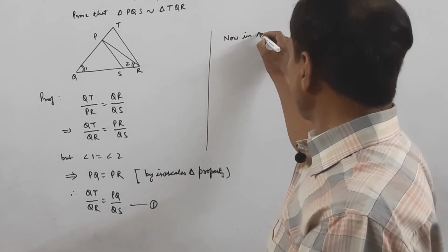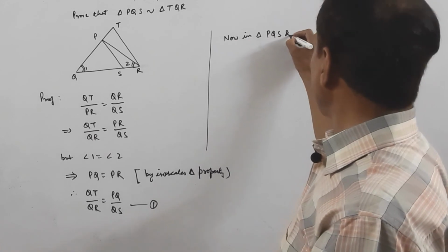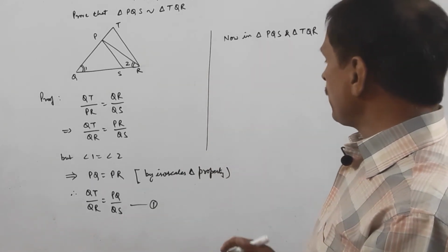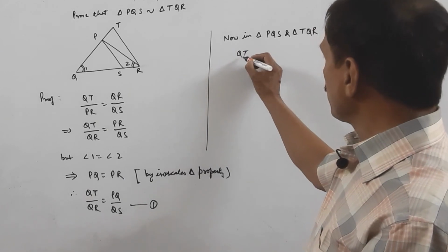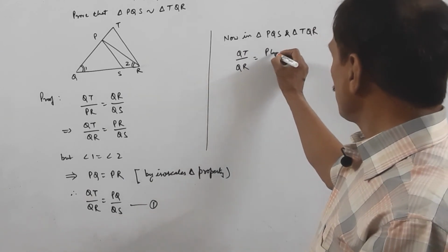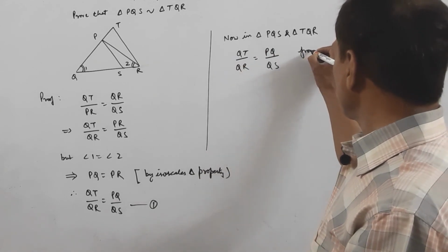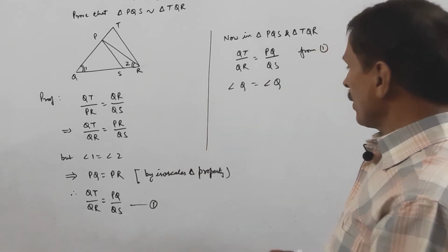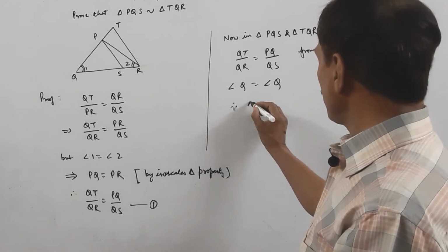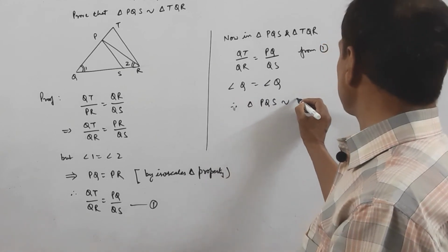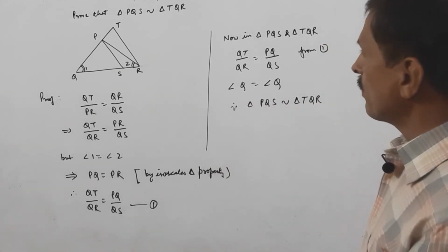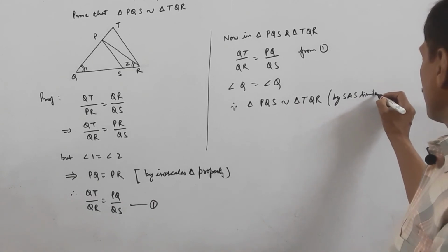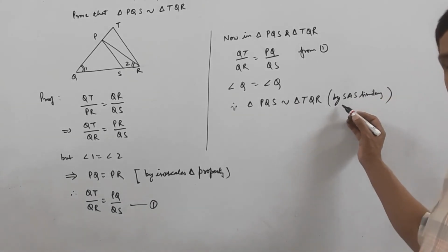Now in triangle PQS and triangle TQR we have QT upon QR is equal to PQ upon QS from 1 and angle Q is equal to angle Q. Therefore triangle PQS is similar to triangle TQR by SAS similarity.